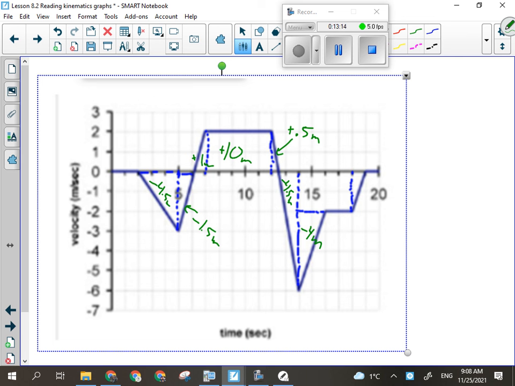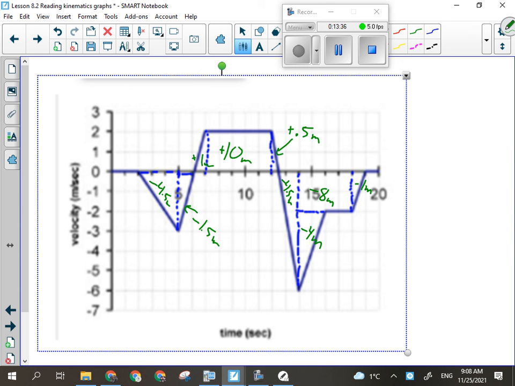We've got this rectangle that has a base of 1, 2, 3, 4, and a height of -2, so that's -8 meters. And then we've got this last little triangle, base of 1, height of -2, divided by 2 is -1 meter. All right, so just basic geometry to calculate all those numbers.